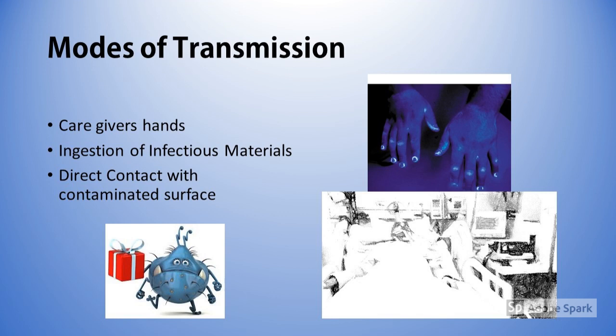The second part of that mode of transmission is really attention to detail by facilities and central services. Ensure that the surgical equipment is properly sterilized. Respiratory therapy must take the appropriate steps when setting up ventilators and switching out circuits, making sure that we're not cross-contaminating patients that way also.